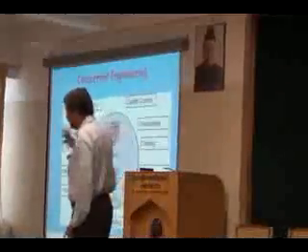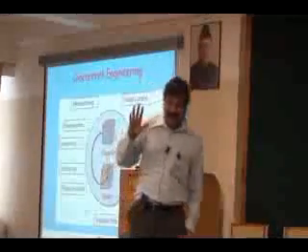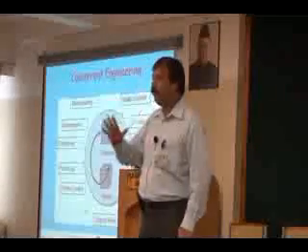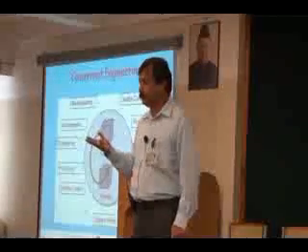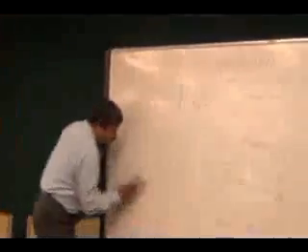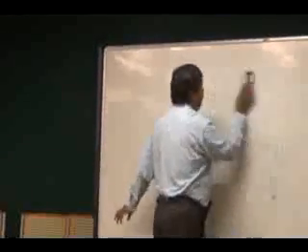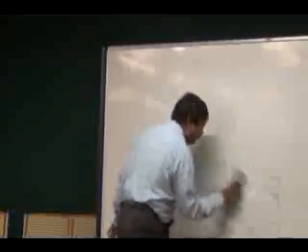Concurrent engineering, what it does is, at the early stages of design itself, essentially it is performed by what is described as a cross-functional team. The product design is to be carried out by a cross-functional team. What do you mean by cross-functional team?